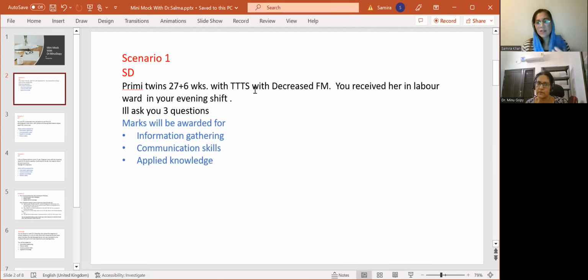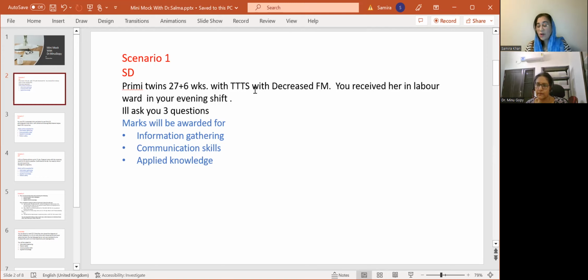These are the things that should be in your mind: what you should look at in her chart, ask the patient, or take endorsement from the previous shift. What things will you observe at night? What are you worried about, and what will you take care of, and how will you arrange in the morning? Yes, you did it right actually. You took the information correctly.